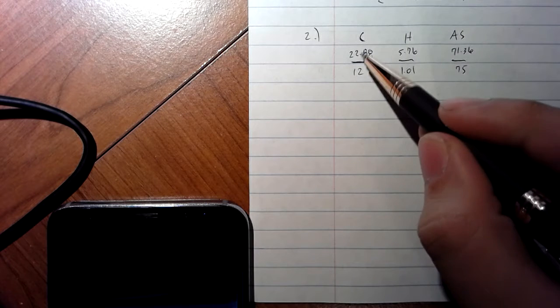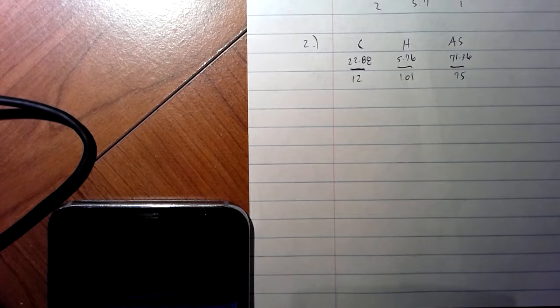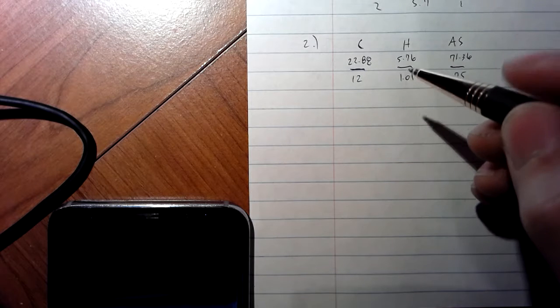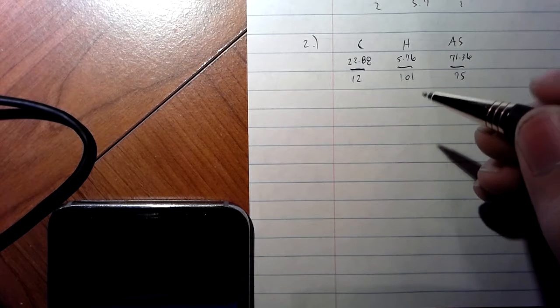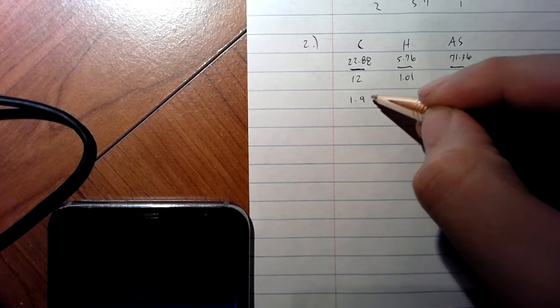So now we do these calculations here. And we get 1.91. For the second one, 5.76 divided by 1.01 gives me 5.70.